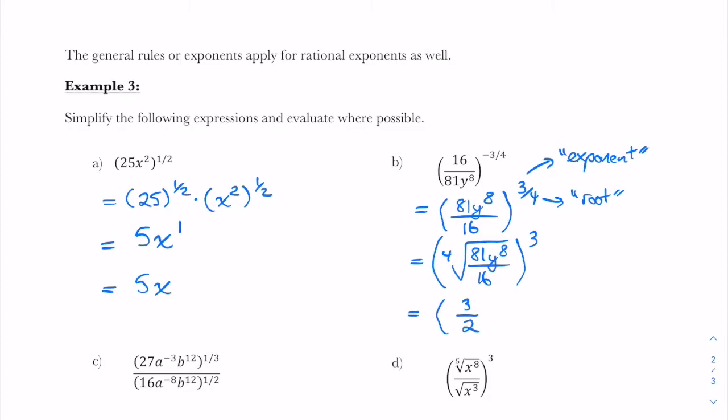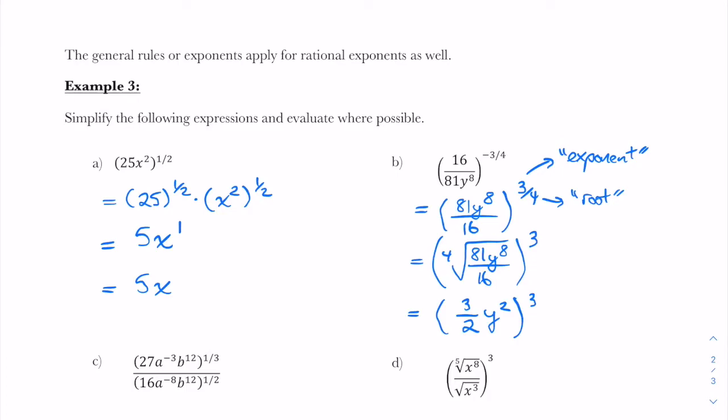Now we have to take the 4th root of y to the 8th. As an aside over here, the 4th root of y to the 8th is equivalent to y to the 8th raised to the exponent of 1 over 4, which gives you y squared. And I'll write that down inside of the brackets. Okay, don't forget all of that has to still be raised to the exponent 3.